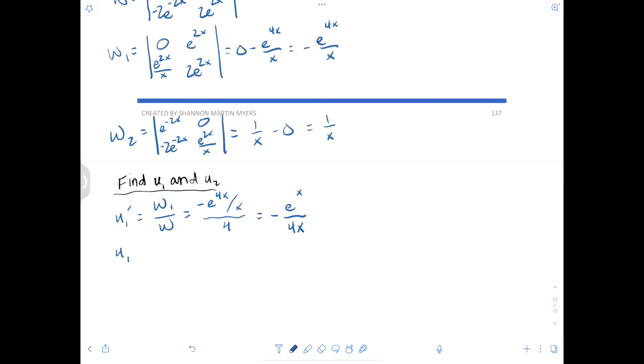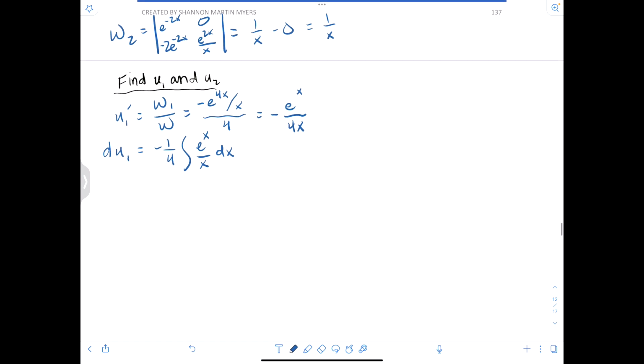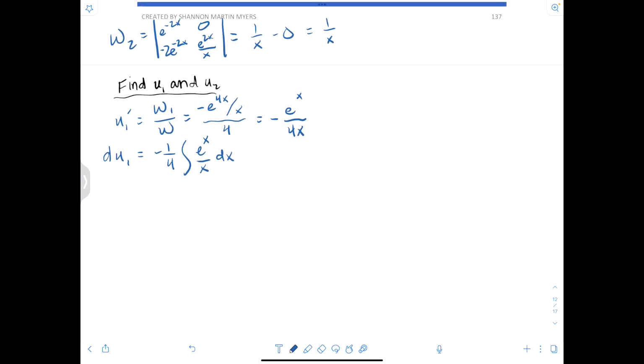Now this is not an elementary integral, so you can take out your negative a quarter, the integral e to the 4x over x with respect to x, it's something you have to do numerically. So, integrating both sides, we have u1 equals negative 1/4 integral from x0 to x e to the 4t over t dt. Cool?